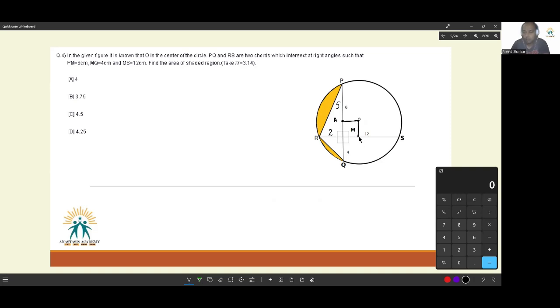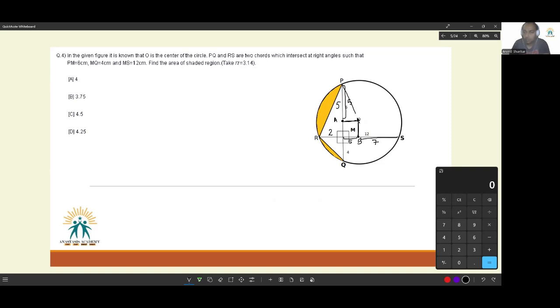So let's call this point B. So BS is 7. 2 plus 12 is 14. Half of that is 7. This length is 7. This length is 5. Because this is 7, this length will be 5. This entire thing was 12. If this is 7, this is 5.